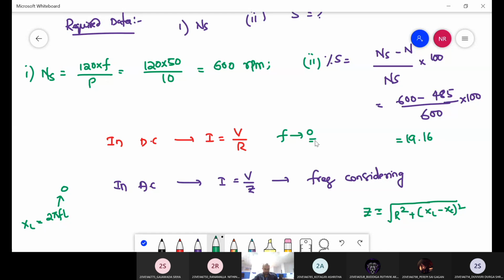Another doubt, sir. In the second unit we use reactance, XL inductor reactance and capacitor reactance. What does reactance mean? No, admittance is the reciprocal of the impedance.